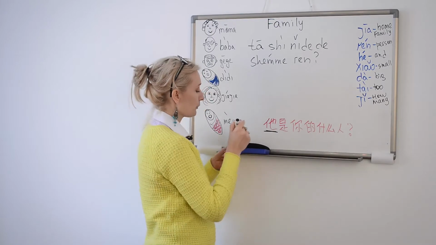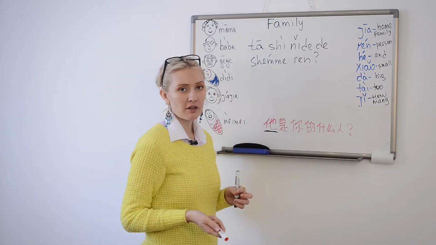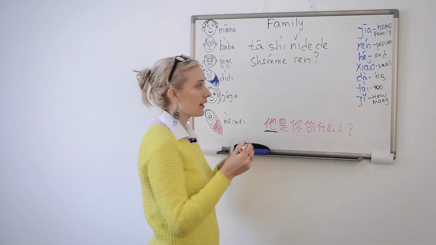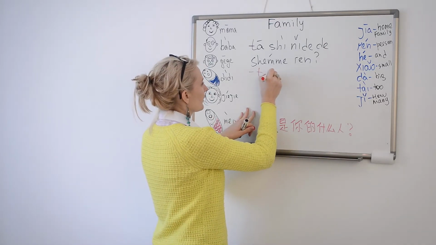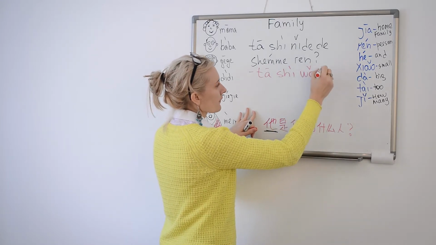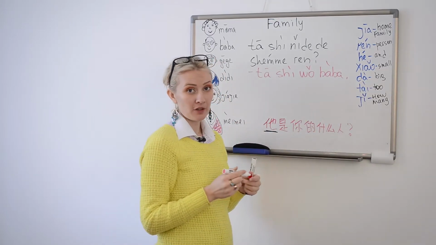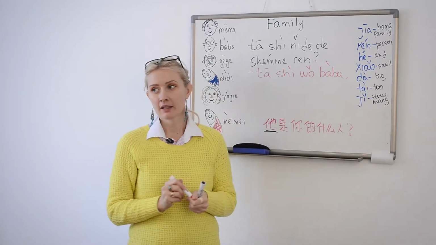So my answer will be my older brother, my younger brother, or my father. And I'll say 他是我爸爸. He is my father, right?